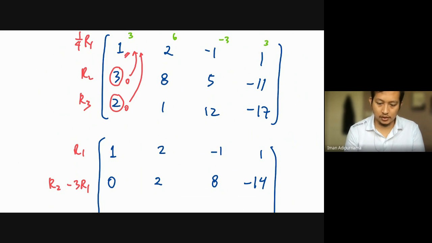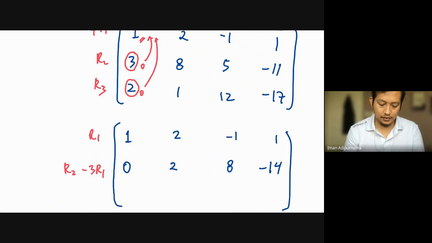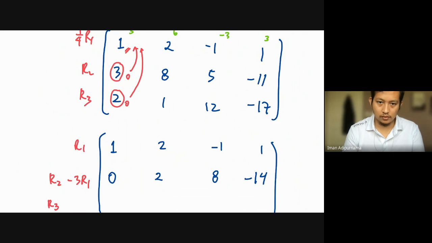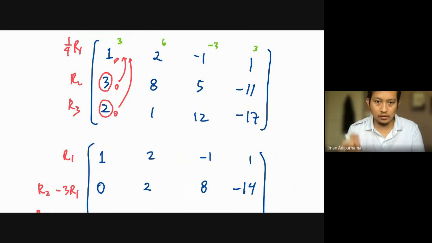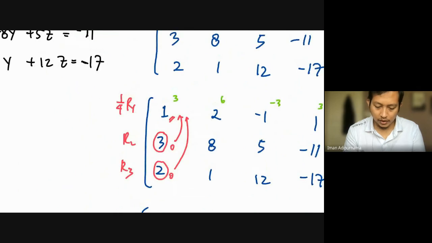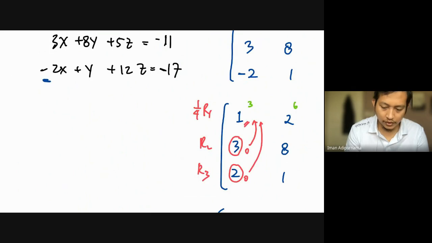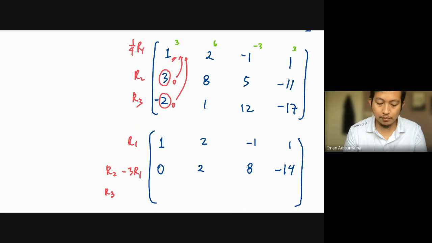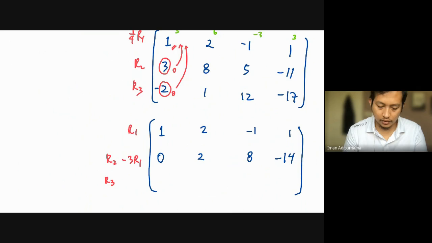Okay, the other one, I will take the row of... Oh, sorry. This should be negative. Okay, sorry. So I think we can add R3 plus 2R1.